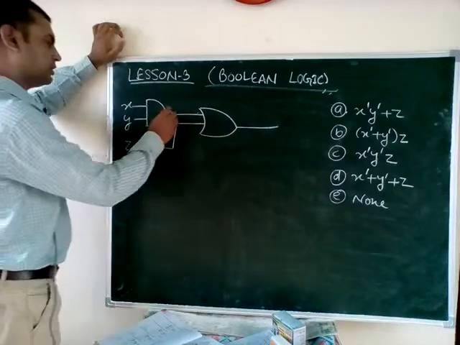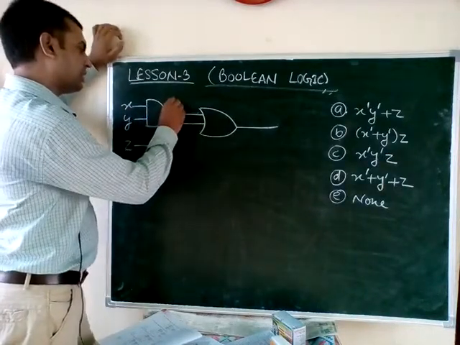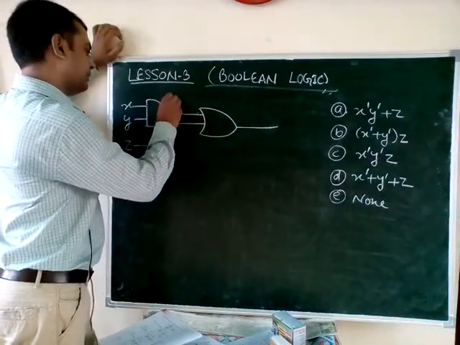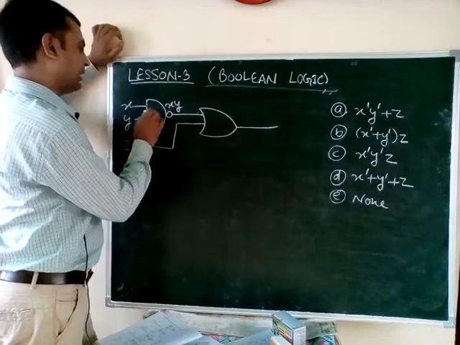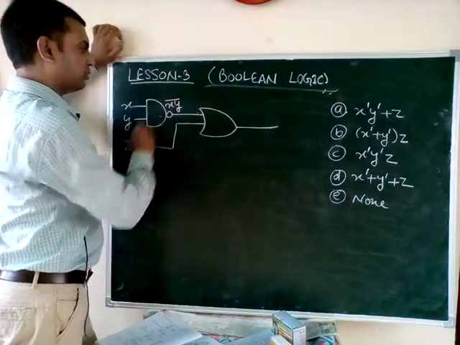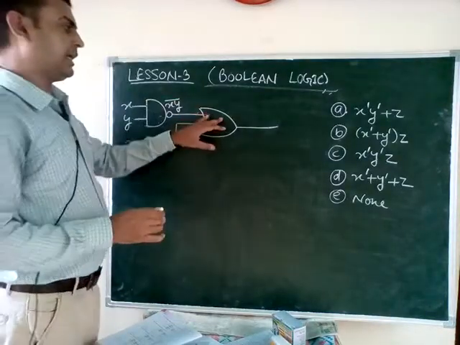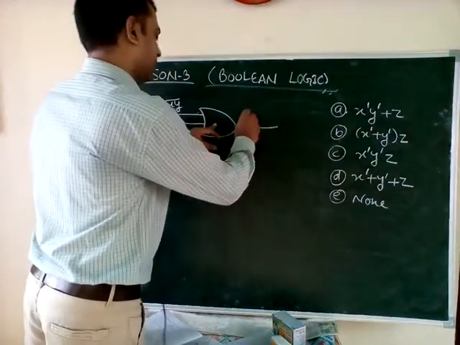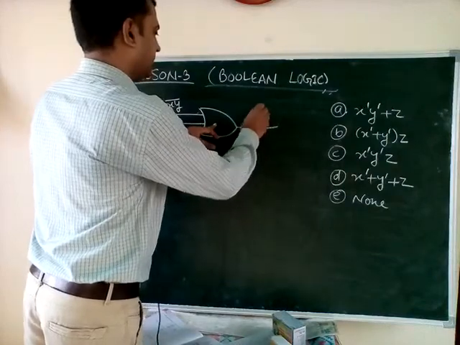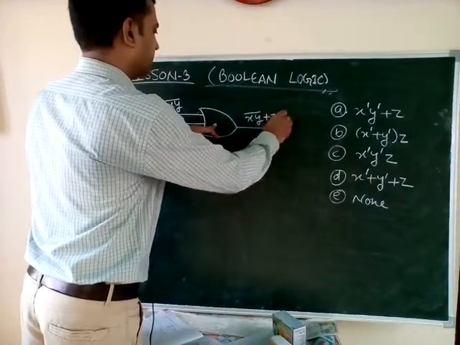You have to start from the very left side. What will come here? It will multiply, meaning x y, and it will invert, so it will give you a bar on both. Now what is the use of this? This will add the variables, so x y bar plus z.